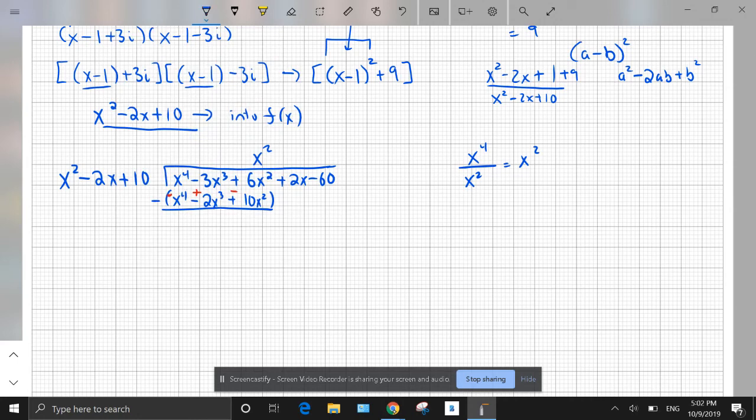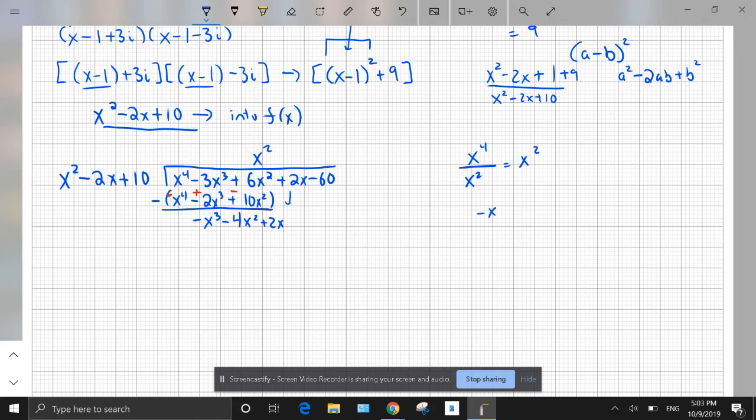And then we have negative 3x cubed plus 2x cubed, so we get a negative x cubed. And here we have positive 6x squared minus 10x squared, so we get minus 4x squared. Go ahead and drop the 2x, so we're going to have plus 2x.